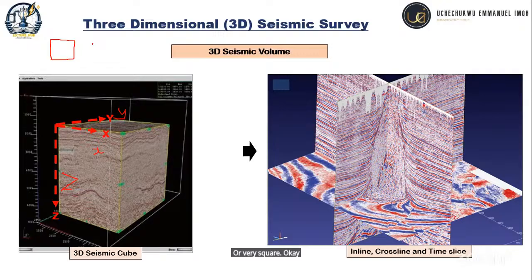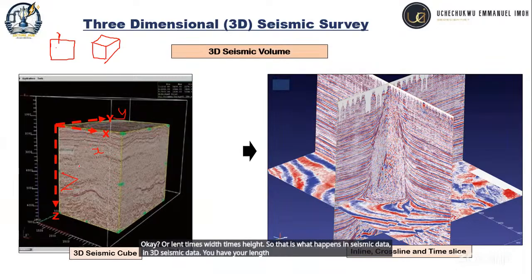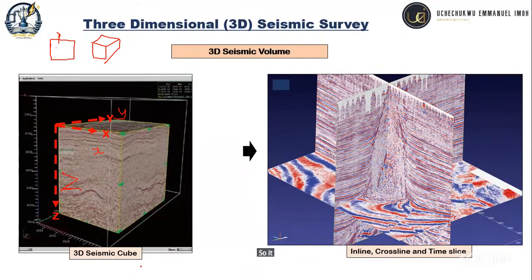But when you talk about a cuboid, you talk about the volume. So the area is length times breadth for a square, but for a cuboid, you talk about length times breadth times height, or length times width times height. That is what happens in 3D seismic data. You have your length and your breadth and your height, or your depth in this case. So it gives you a volume or a cube of the subsurface.